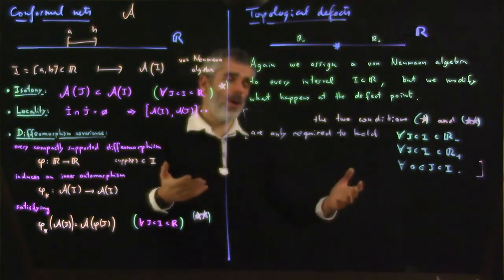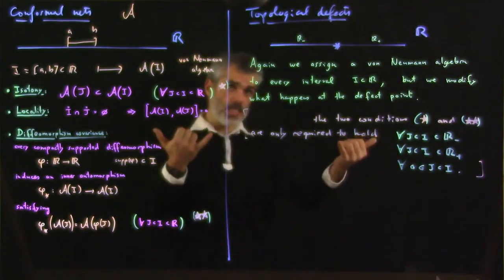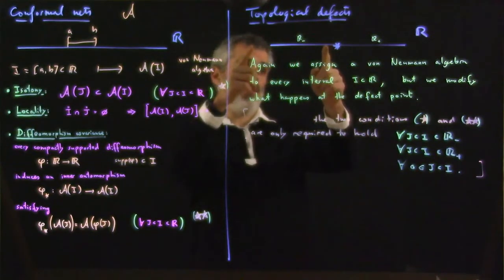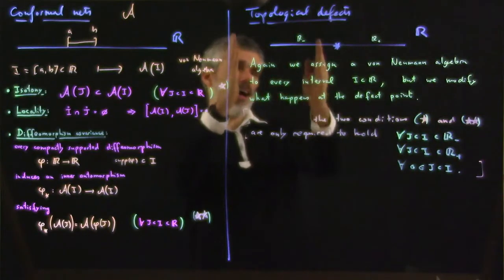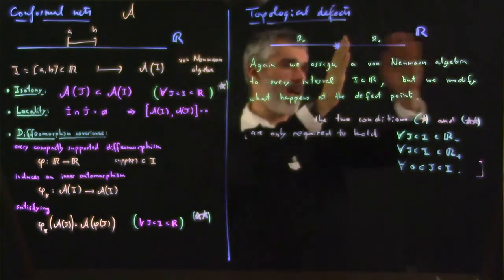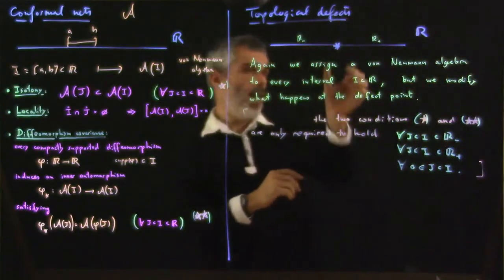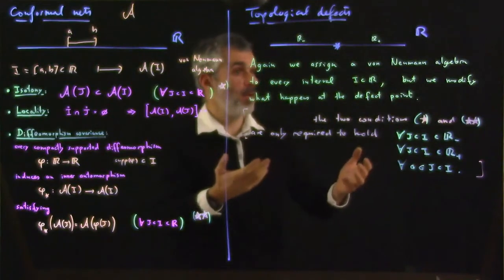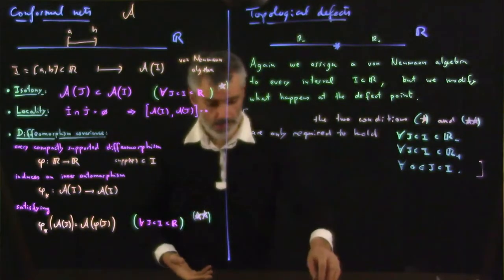And of course, one can also talk about defects between distinct conformal nets, where one requires that the algebras on one side agree with what one conformal net says, and the algebras on the other side agree with what the other conformal net says, and then the algebras of intervals that go over the defect point, well, that's the new data provided by the defect.